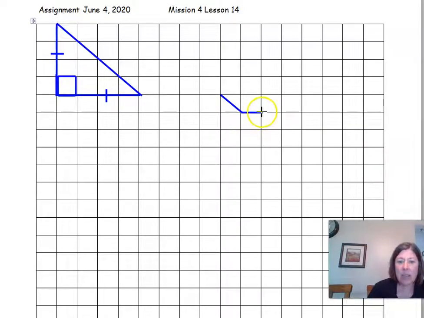And I'm going to make this one be 2 square lengths long. I'm going to make this side be 1, 2, 3 diagonals long. And then I'm going to make my last side.